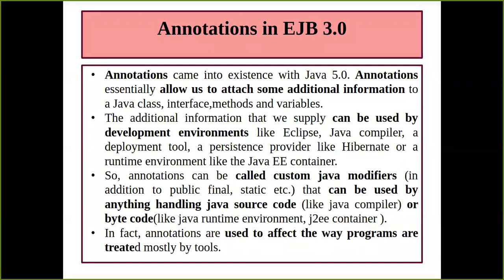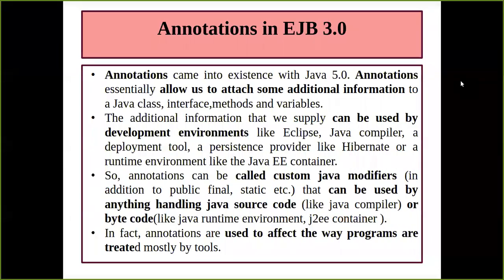Now, annotation basically allows us to attach some additional information to the program. For example, why do you provide a comment? Because you want to provide some additional information regarding the code you have written. But an annotation is not like a comment, because a comment is generally ignored by the compiler, whereas an annotation is not ignored by your compiler.